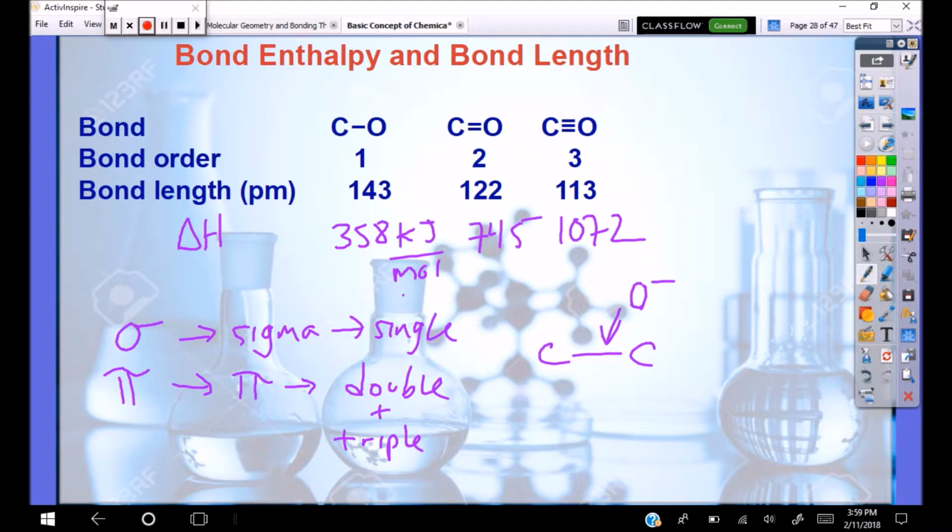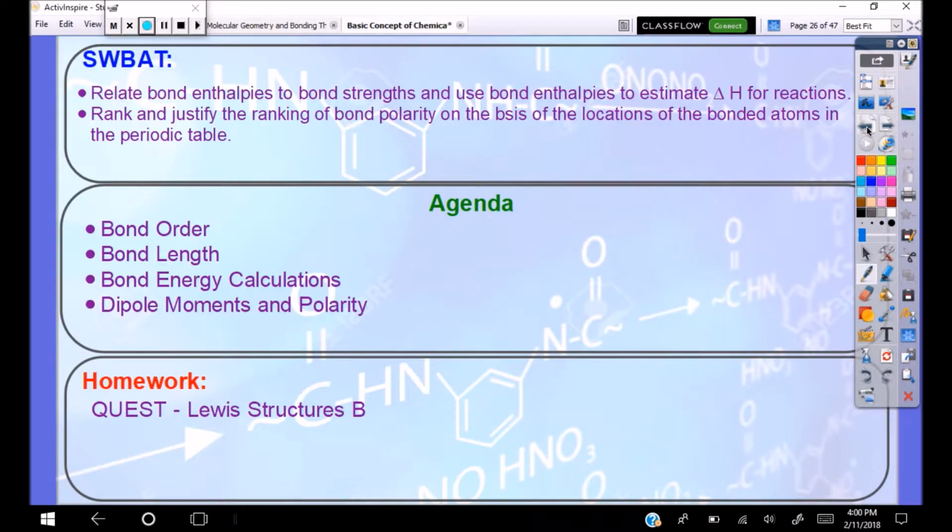And when I'm looking at the double bond, one of these is the sigma. The other line is the pi bond. When we think about orbitals and how they overlap a little bit later, that'll make a little bit more sense. So a triple bond is really 2 pi and 1 sigma bond. And that is actually something that we covered back here.